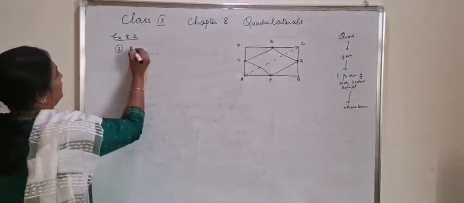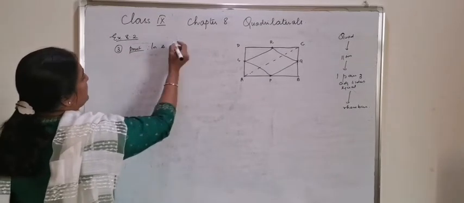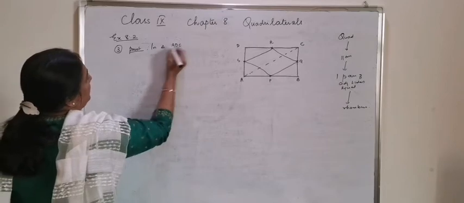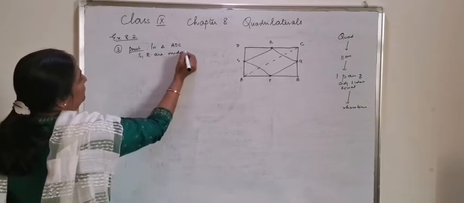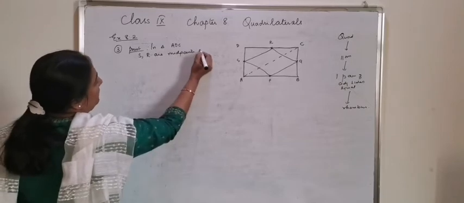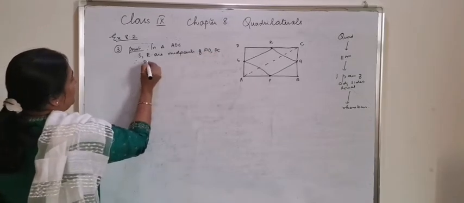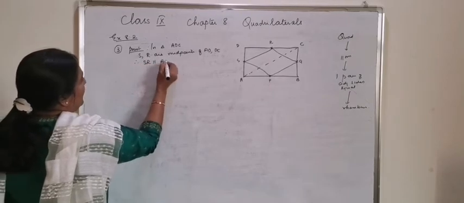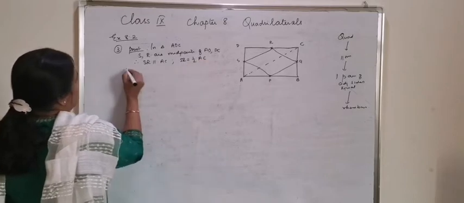So, the proof: in triangle ADC, S and R are midpoints of AD and DC, therefore SR parallel to AC and SR is equal to half AC.